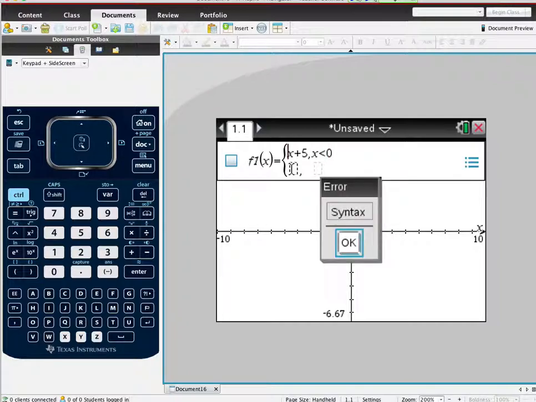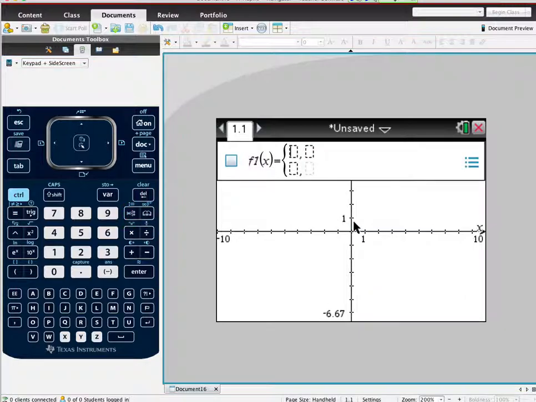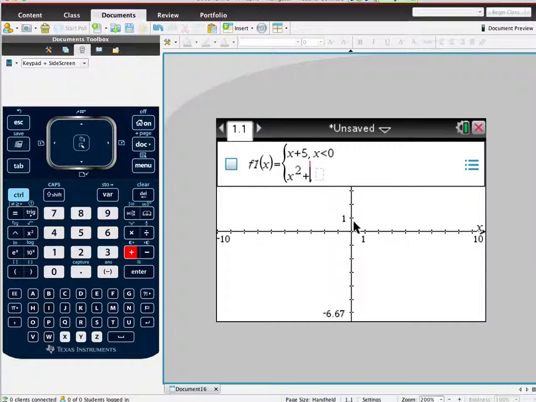Alright, then the other one was x squared plus 5x, control equal, less than or equal to 0.